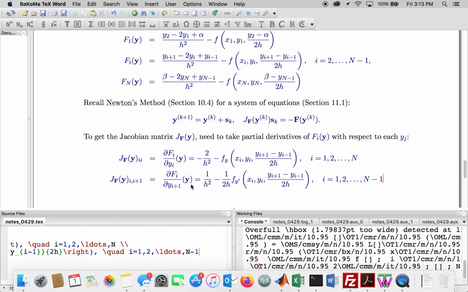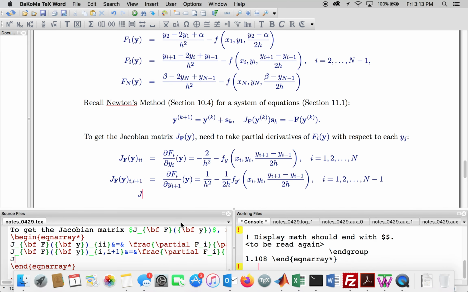And the reason why is when i is equal to n, yn plus 1 is beta. It's a fixed value, a constant. So we're not taking a derivative with respect to it. And we're in the last row. There is no super diagonal entry anyway. So this is the super diagonal where the row index is less than the column.